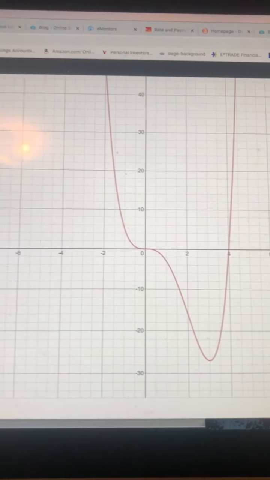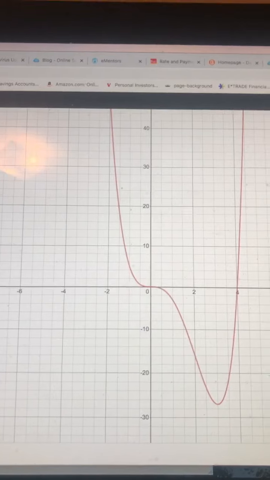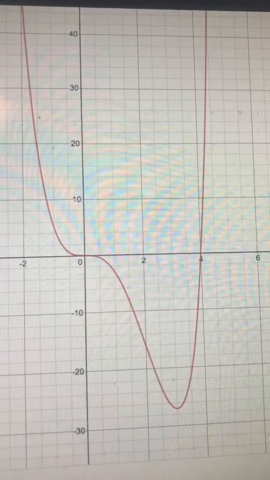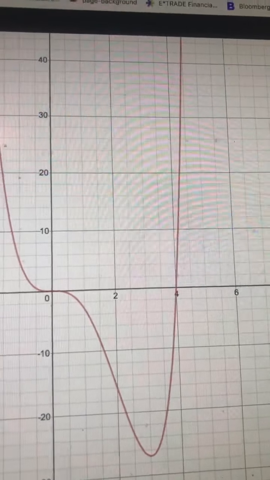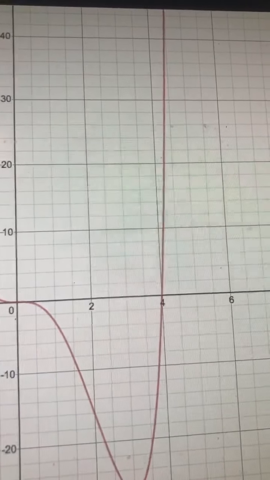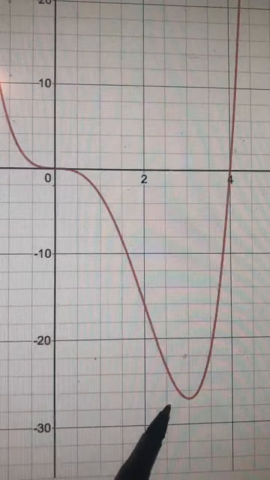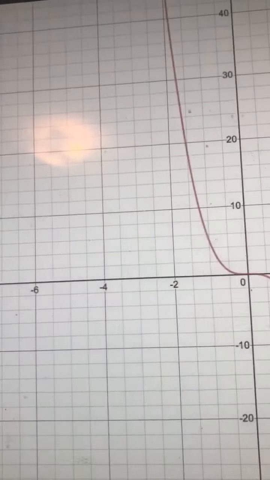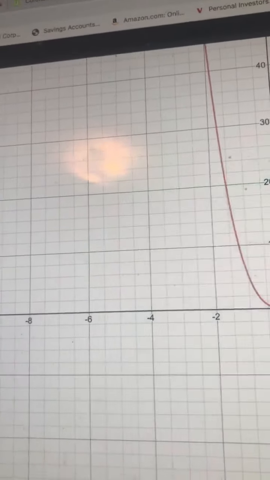It's actually decreasing through the origin. The only place where it changes from increasing to decreasing or decreasing to increasing is right here at x equal to 3. That's where our local minimum is. So if you were to sketch it, this would be our curve.